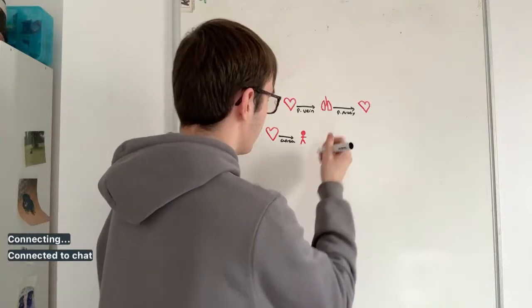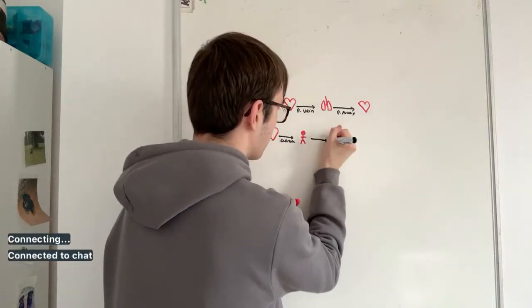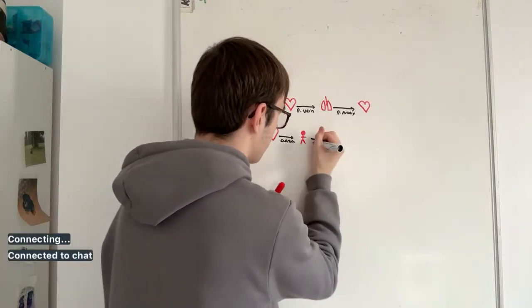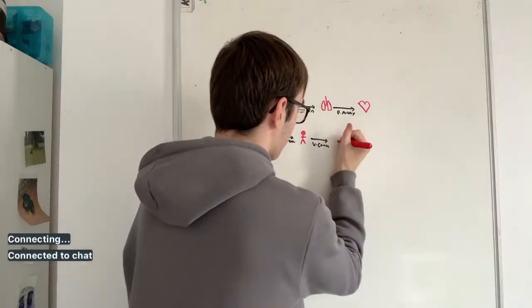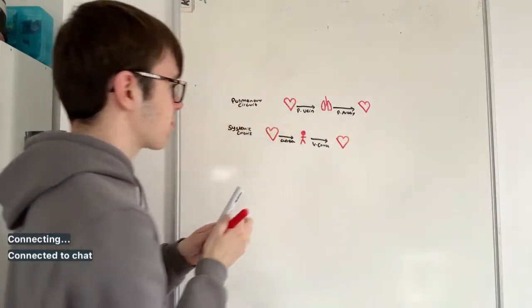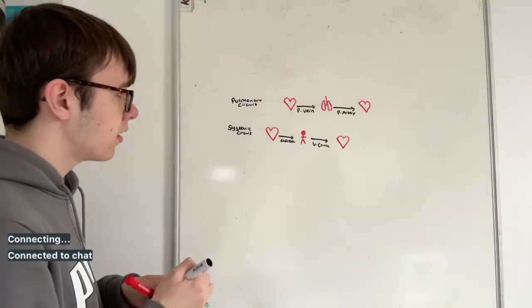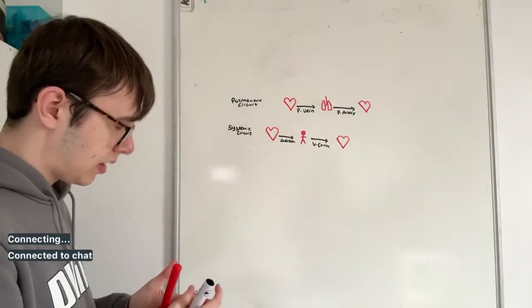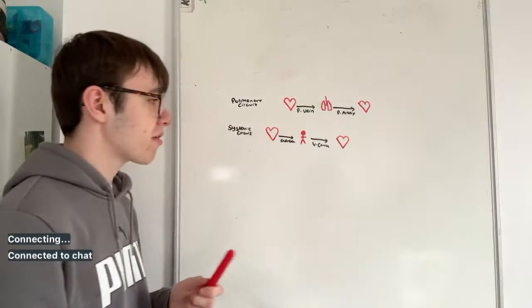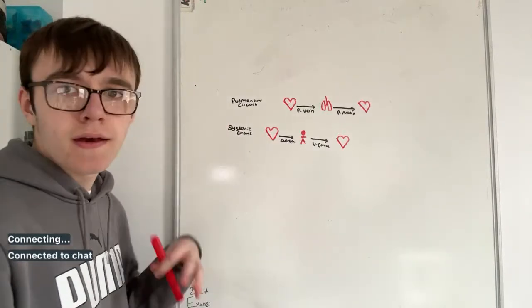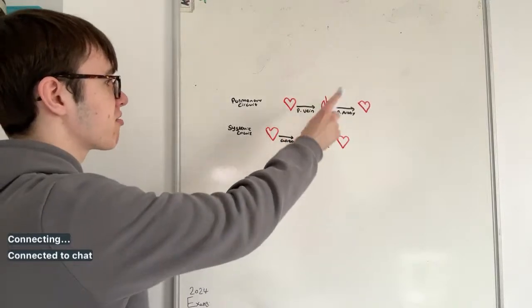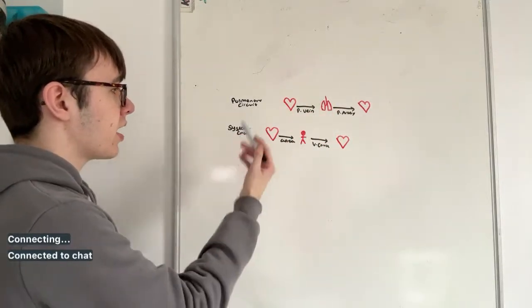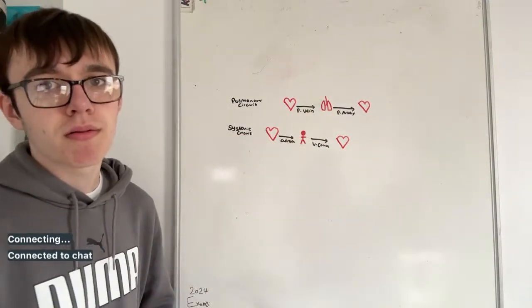And then from there, your vena cava takes it back to the heart. There you go. And I guess we should specify as well. So, that's the overview of the circuit. Your pulmonary: heart, lungs, heart; systemic: heart, body, heart. Easy.